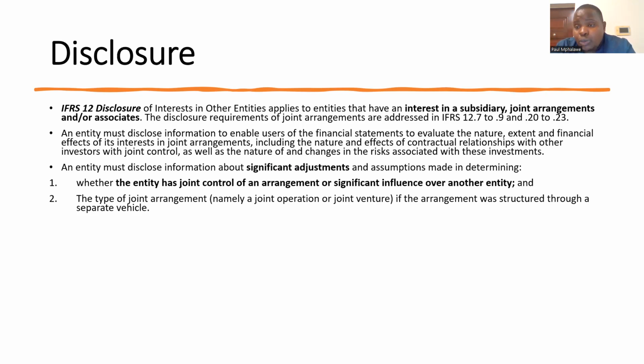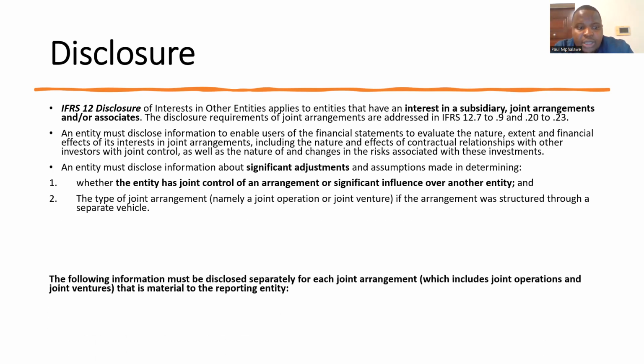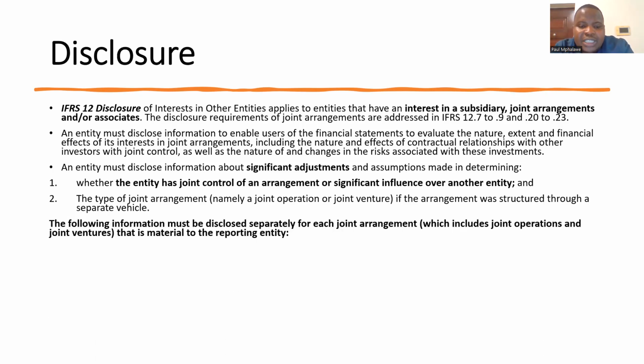It may be a joint operation or a joint venture. And whether the arrangement was structured through a separate vehicle or not. So the following information must be disclosed separately for each joint arrangement, which includes joint operations and or joint ventures, that is material to the reporting entity.